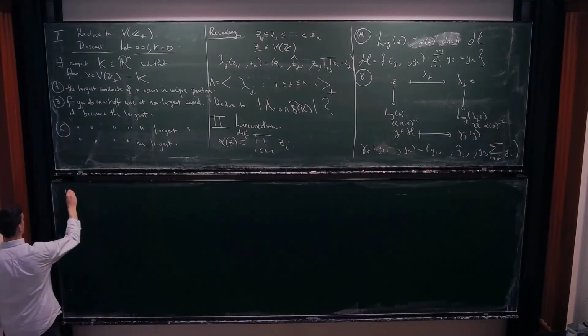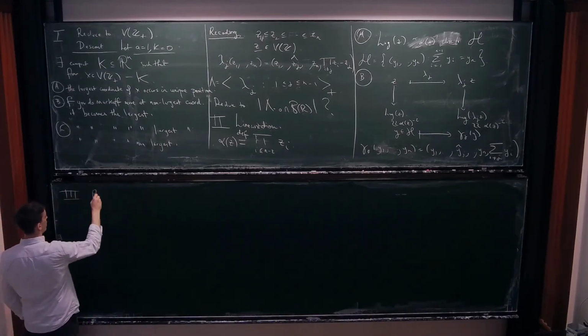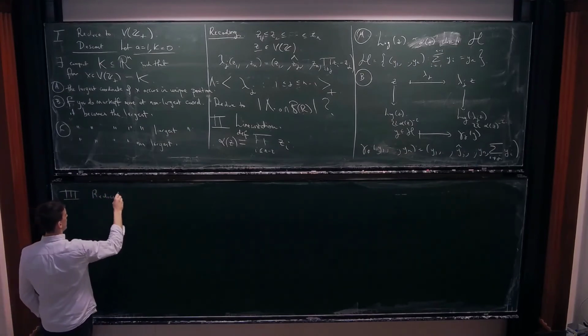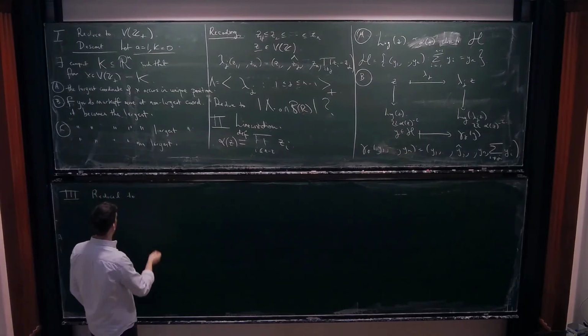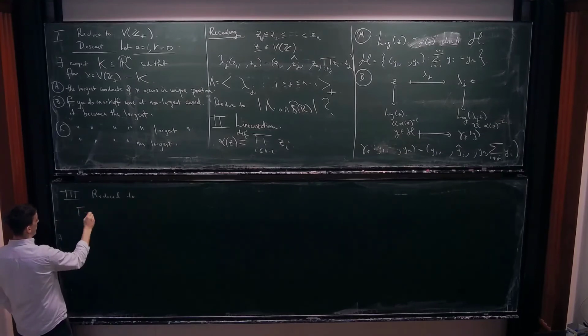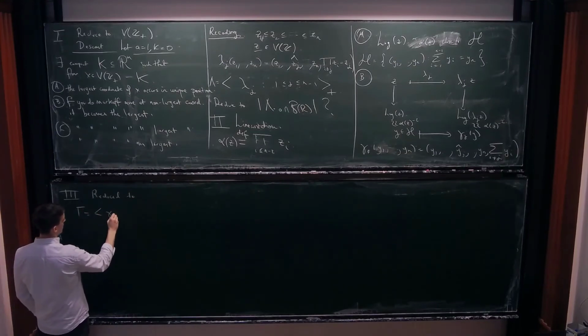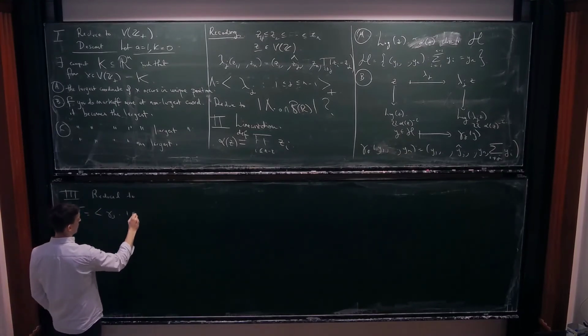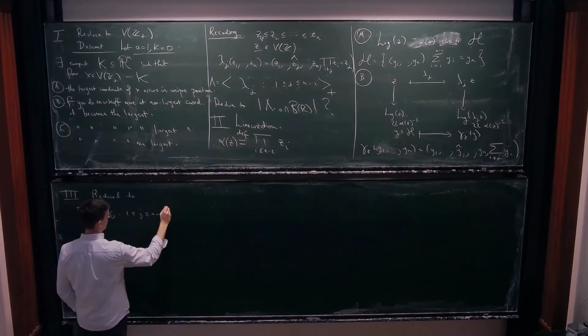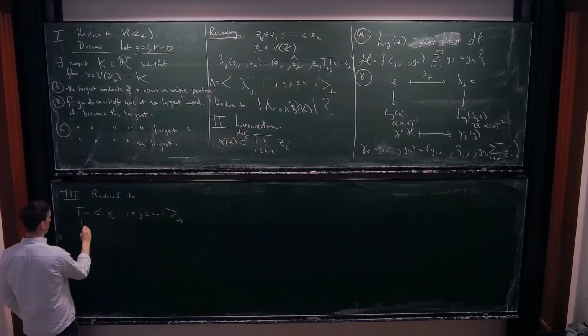So part 3 is that we've reduced to the question of, okay, let gamma be the semigroup generated by these linear things. This is a linear semigroup.